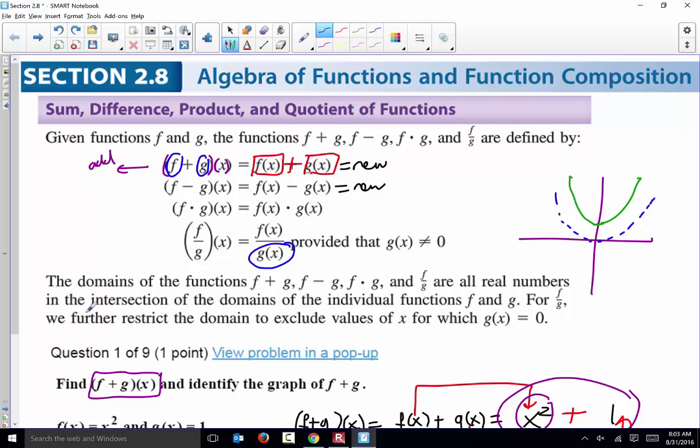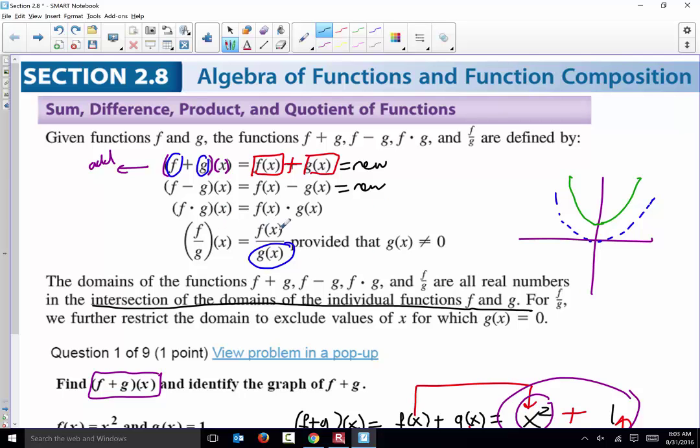So what's the new domain then? You just created a new function, and its domain is always the intersection of those individual functions. So you will intersect those two separate domains, f and g domains, and you need to see what's overlapping between them. Okay? That's the first way.